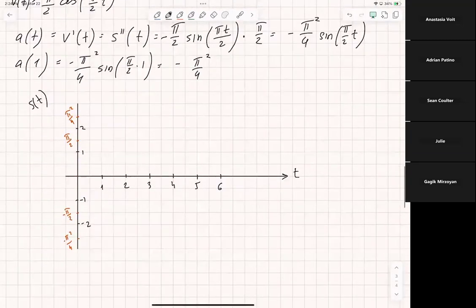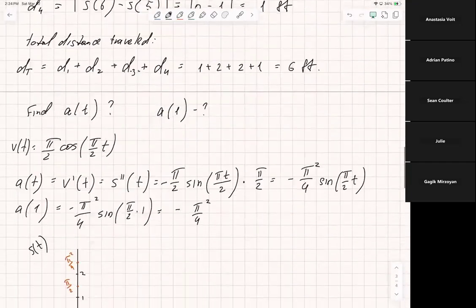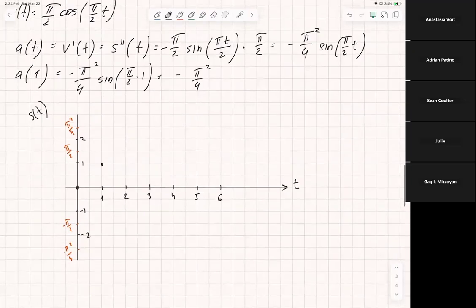Okay, so at t equals 0, we have 0, right? And then at t equals 1, we have 1. Okay, so that's going to be here. Then s of 3 was -1. So that's a point right here. And s of 5 was 1. S of 6 was 0. And we just connected nicely.